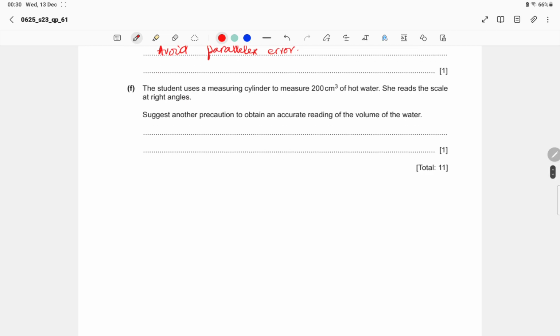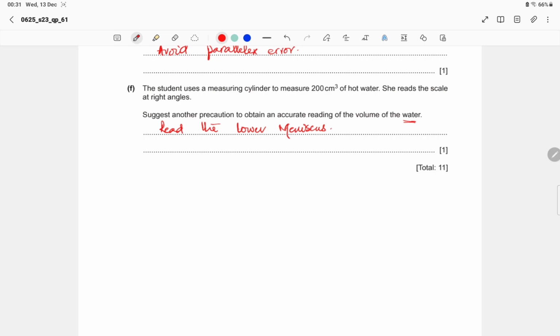The student uses a measuring cylinder to measure 200 centimeter cube of hot water. She reads the scale at right angles. Suggest another precaution to obtain an accurate reading of the volume of the water. So this is water. Read the lower meniscus.